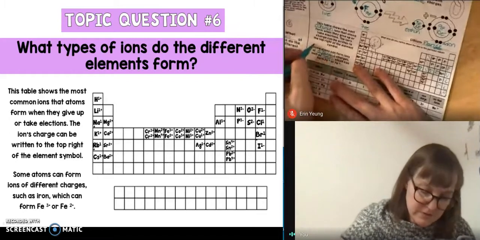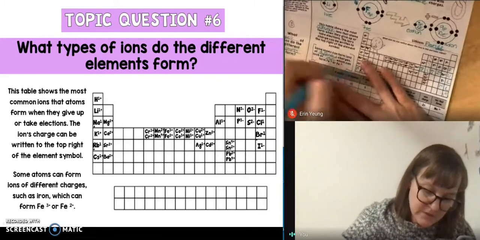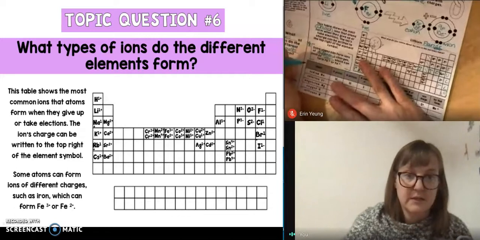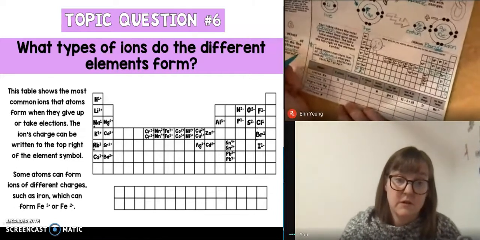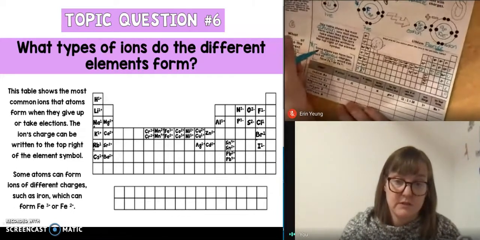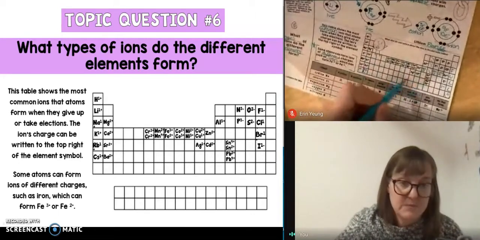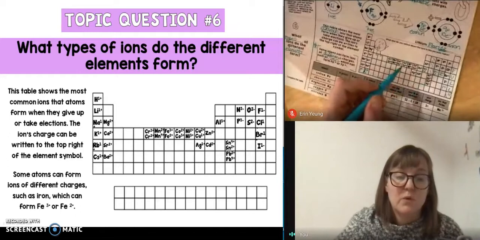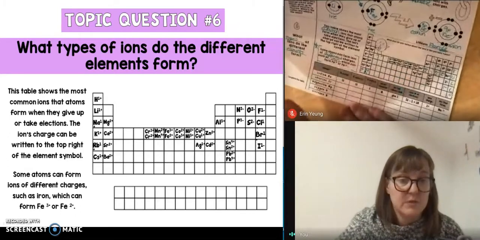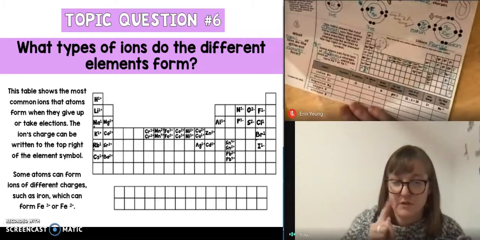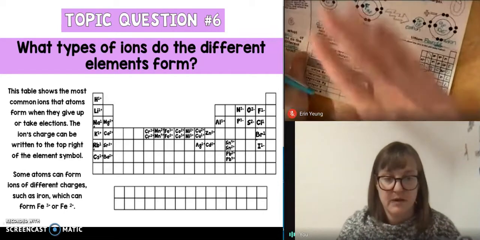So these ones right here, the ones that form different ones, we're going to focus on a little bit later. These transition elements tend to be the ones that can do more than one. The answers are on the periodic table, so you don't have to stress out too much about how those will work.